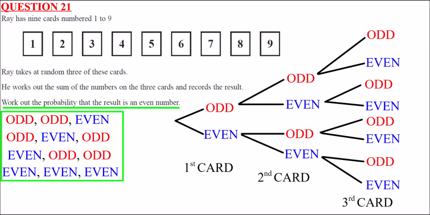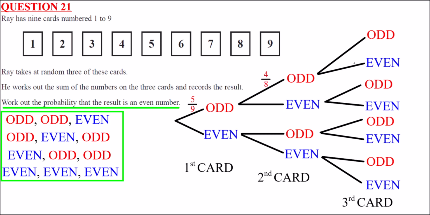This first scenario, what's the probability of picking an odd first of all? Well, we've got 1, 2, 3, 4, 5 cards out of 9 which are odd, so the chance of picking odd first is 5 out of 9. To pick odd for a second time, if odd's picked first, there's 1 fewer odds to choose from, so there's only 4 odds left, now out of a total of 8. So odd for the second picking is 4/8.